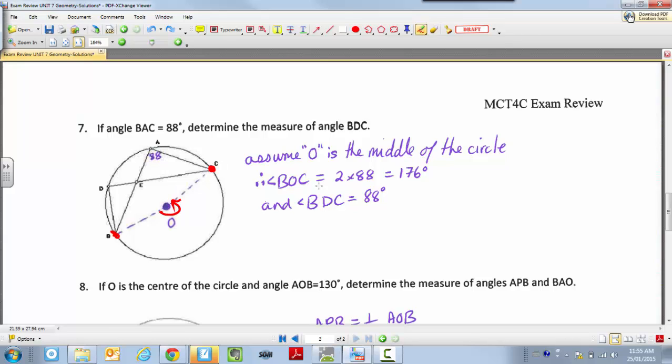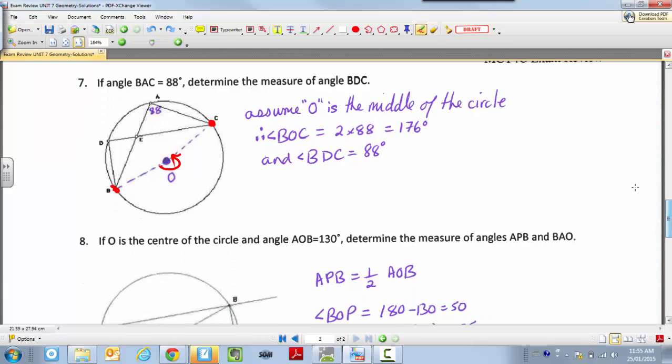Anytime there's an angle coming from the edge of a circle through the center to another edge, the angle at the center is double what the inscribed angle up here would be, the angle that goes from the same two points and meets on the edge of the circle somewhere else. So this is double this one, and this is also double this one over here. And so clearly these two must be the exact same.